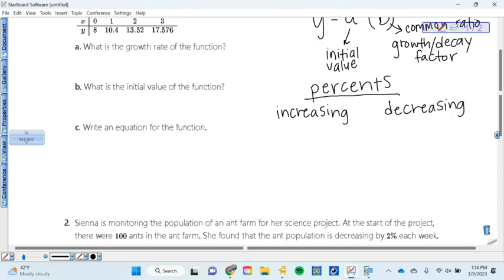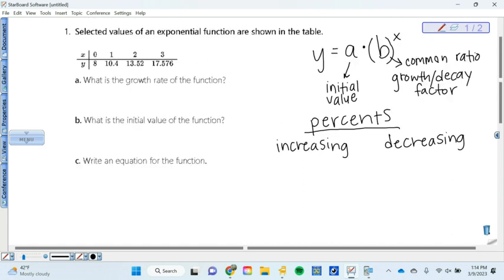It's decreasing by 2%. So when we have decreasing percents, the way that we figure out our decay factor, that B, is we start with 100% and then we subtract whatever amount it's decreasing by. So in number 2, the ant population is decreasing by 2%, so I start with 100 and I minus 2.